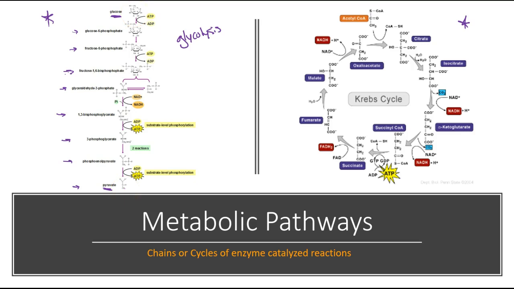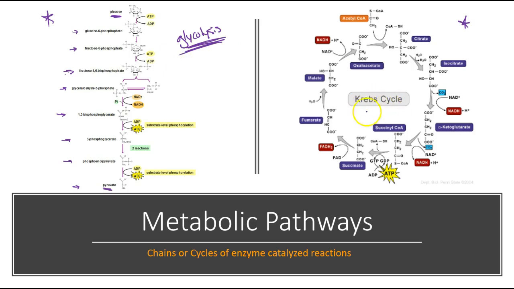We take very small baby steps, changing one specific part at a time in order to get from this reactant to this product in a very controlled manner, which is really important because if it is uncontrolled, then energy is released too quickly or too much energy is released, and the cell can basically explode from the inside, which is bad. Okay? Glycolysis is a chain version of a metabolic pathway.